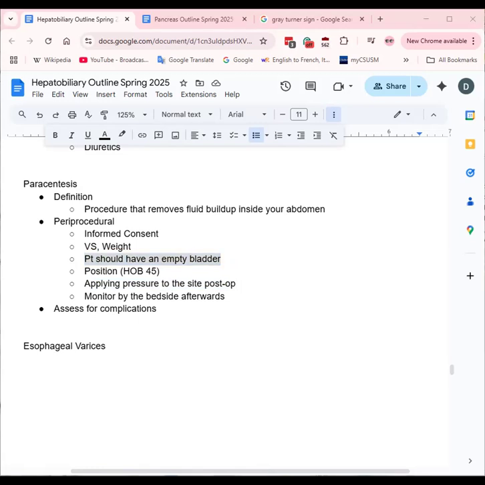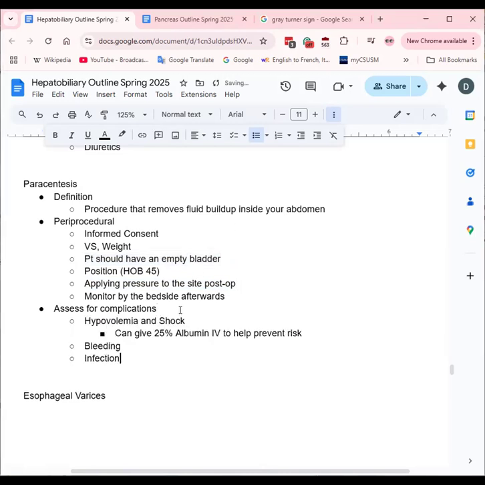You can expect pretty obvious things, like in the iHuman case: hypovolemia, shock, bleeding, infection. Anything invasive, you can expect bleeding and infection. And in this case, the patient was hypovolemic because they lost a lot of fluid all at once.